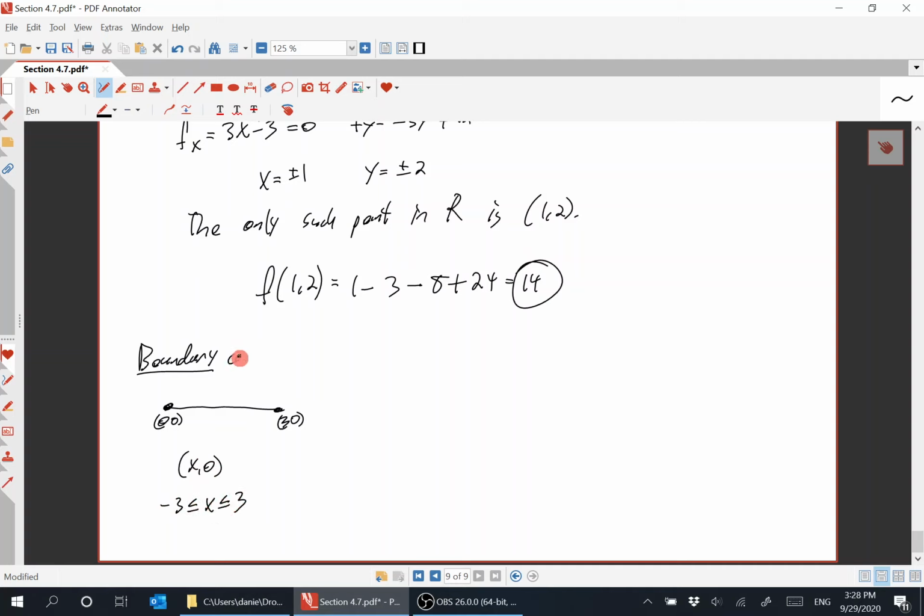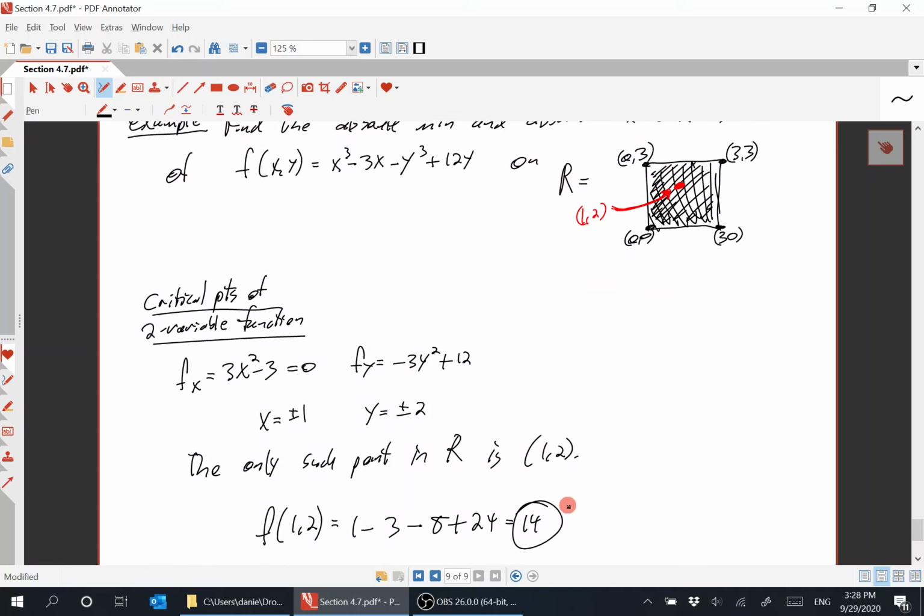So boundary component 1 is this. All the points (x, 0), where x is between 0 and 3. All right, go back to the function. The function is right here.